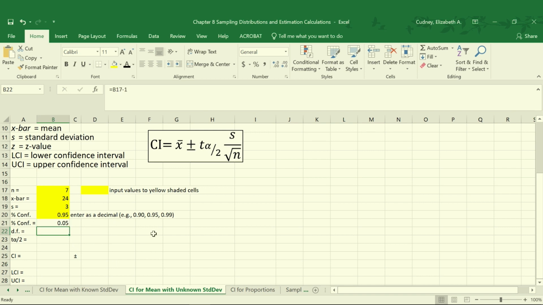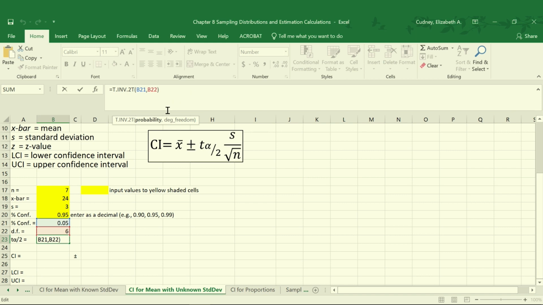Our degrees of freedom, since we're using a sample, is n minus 1. Our n value of 7 from cell B17 minus 1. Since it's a sample, we lose a piece of information, so we have to take into account our degrees of freedom. And then for our t distribution, here we're using the T.INV.2T function to calculate our value.